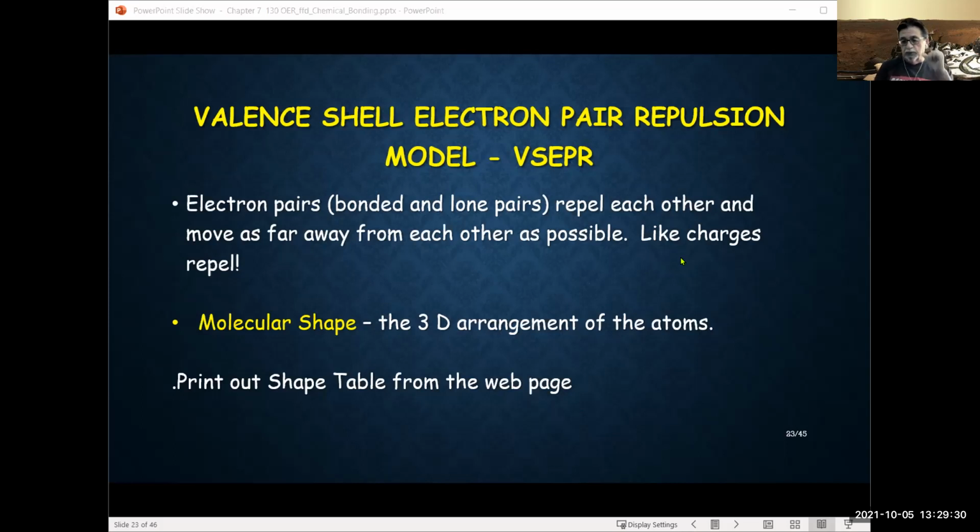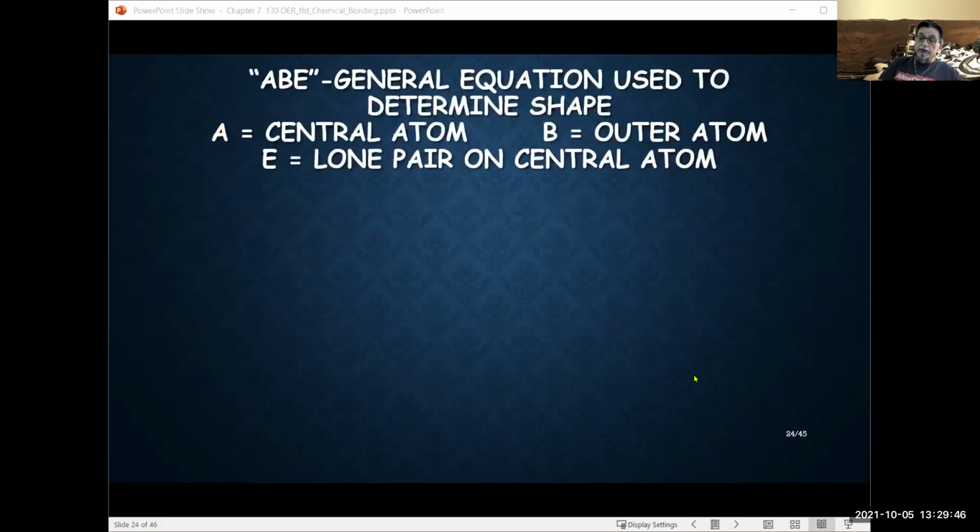And that's basically what's happening here. You're talking about the valence shell electron pair repulsion model, and how electrons, by repelling each other, affect the overall structure of the molecule, and then affect such things as properties of the molecule. This is nothing new here.